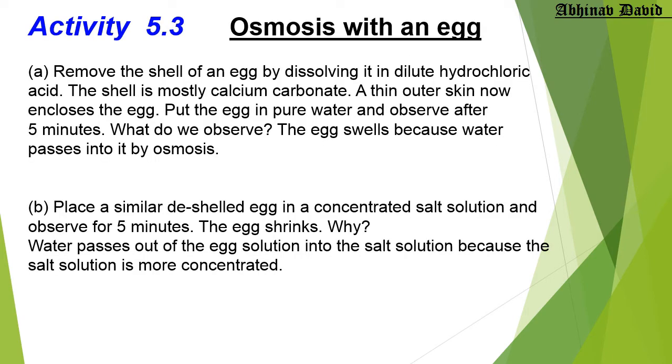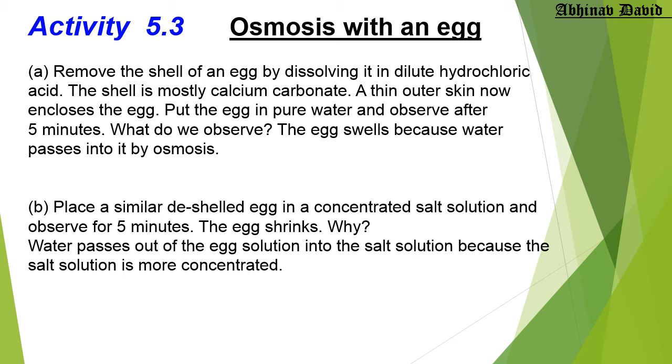Now let us take the same egg and put it in a concentrated solution or hypertonic solution. As we know, a hypertonic solution has less water, and the egg will have more water. So there also the osmosis rule will apply, that water will go from where it is more to where it is less. It means the water will go out of the egg.